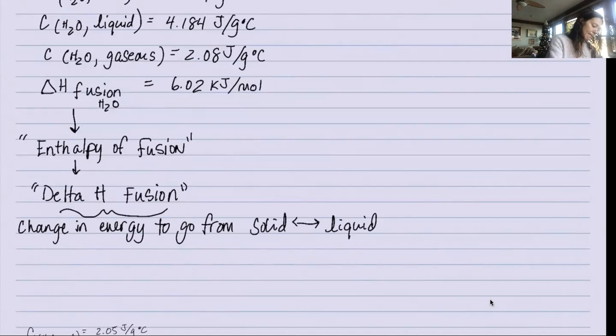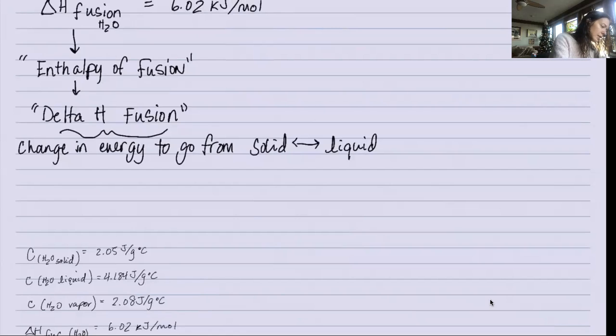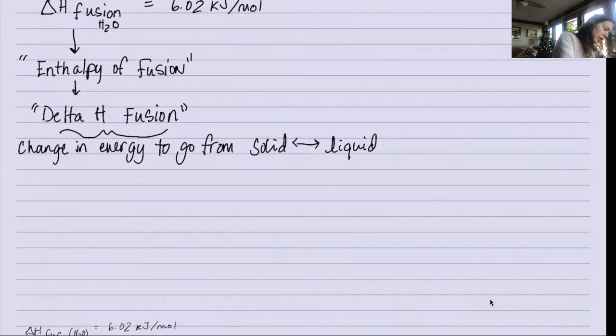Now, it's very important that you realize that when we talk about these phase changes, if we are going from a solid to a liquid, we must add energy. Heat must be added. We have a positive Q, we have a positive delta H, and we are endothermic.